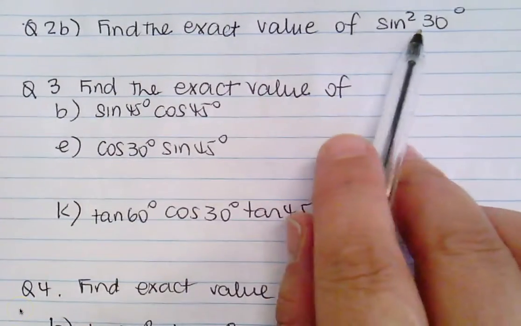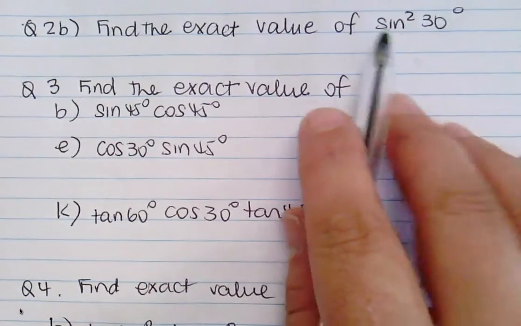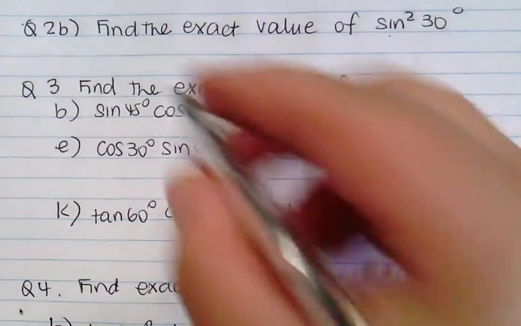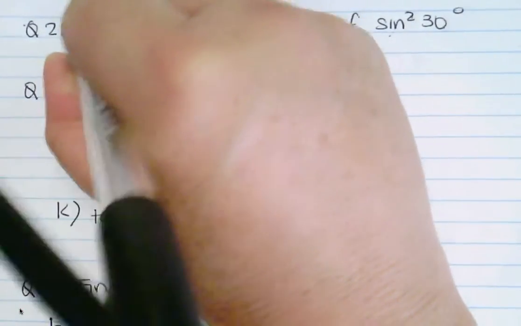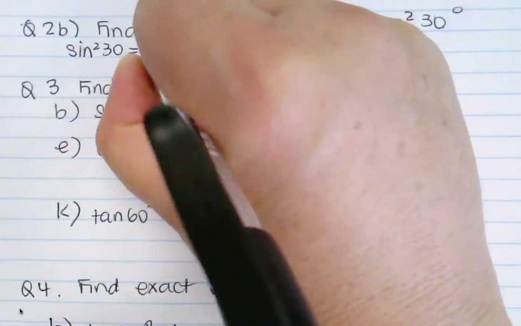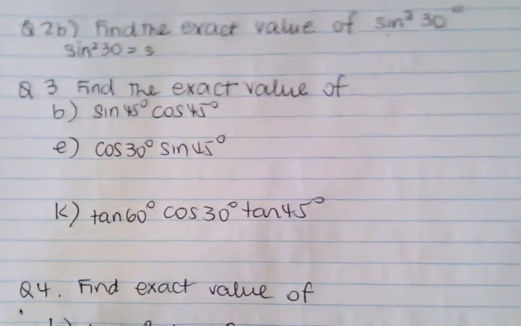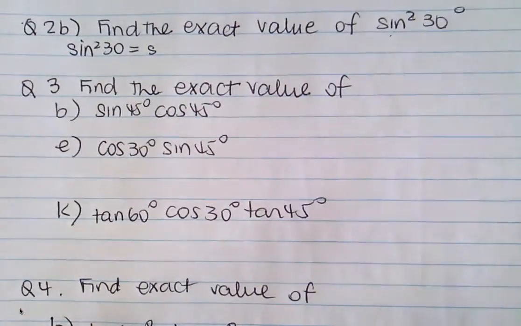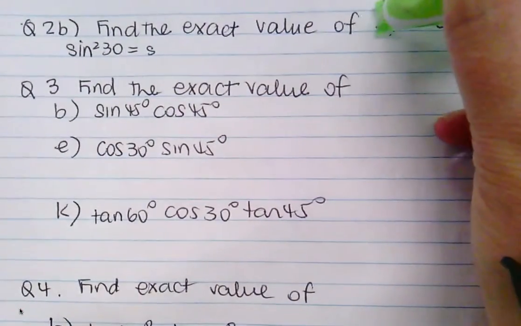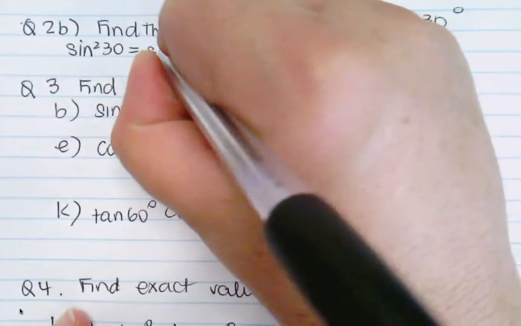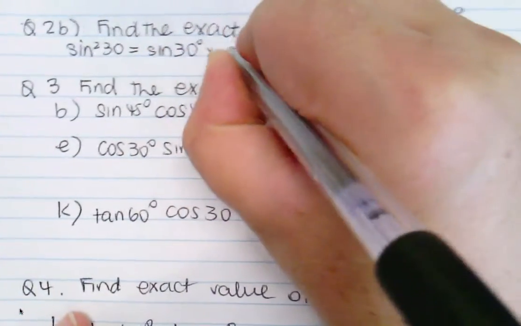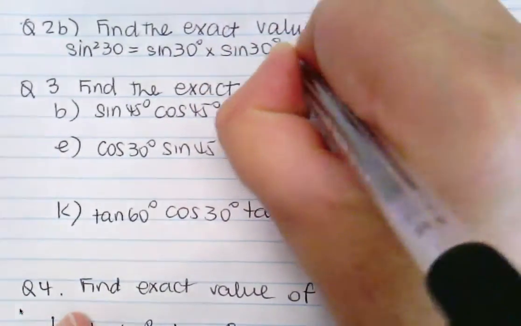Question 2b says find the exact value of sine squared 30. Now that means sine 30 times sine 30. Isn't that sine 30 times sine 30? Now, what does sine 30 equal?